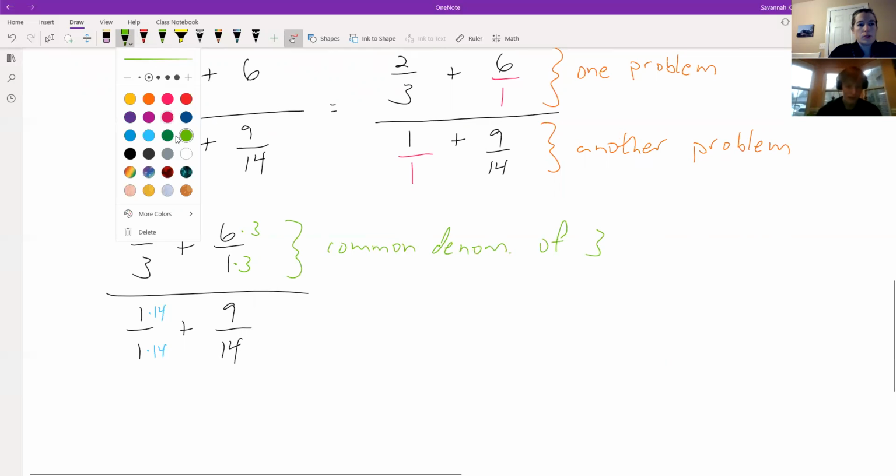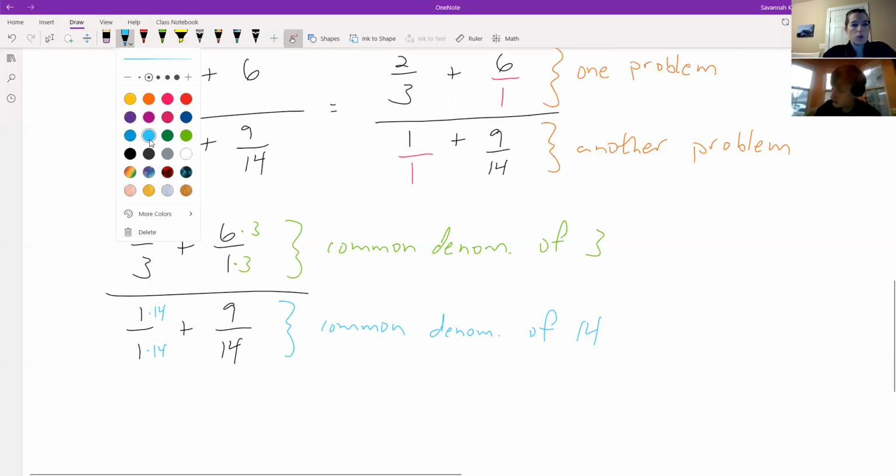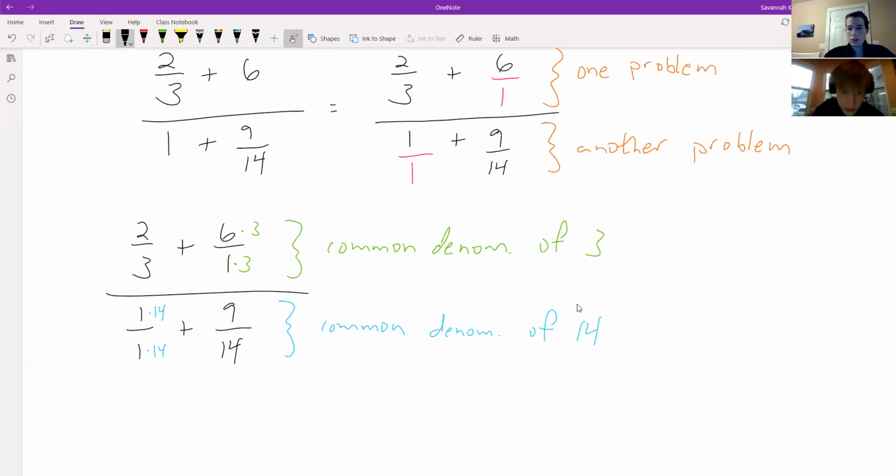Okay, be careful over there. Common denominator of 14, like that. Okay, so what this turns into, still treating it as two separate problems, is 2/3 plus 18/3.